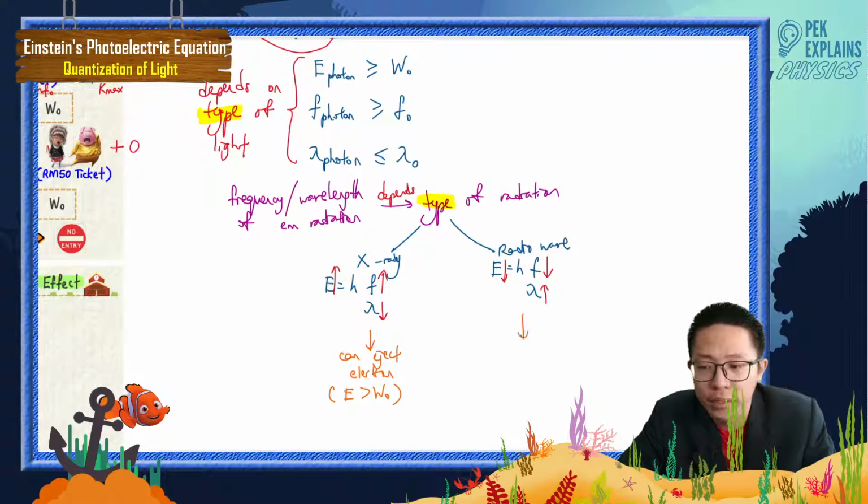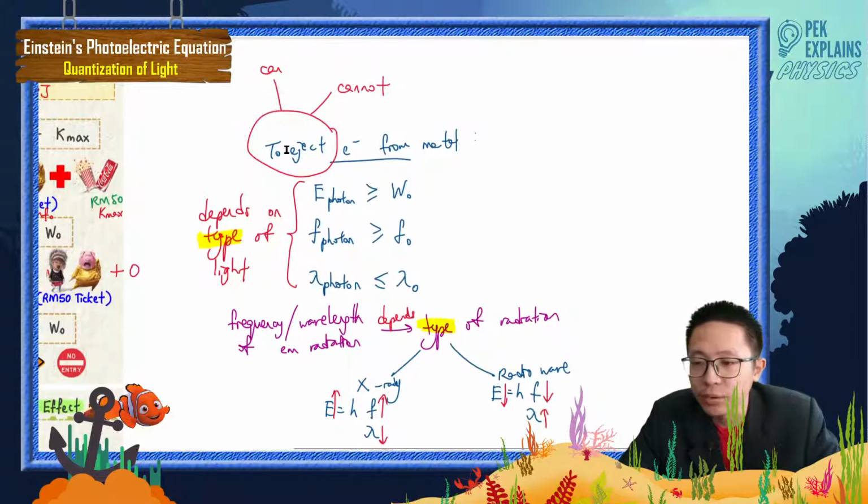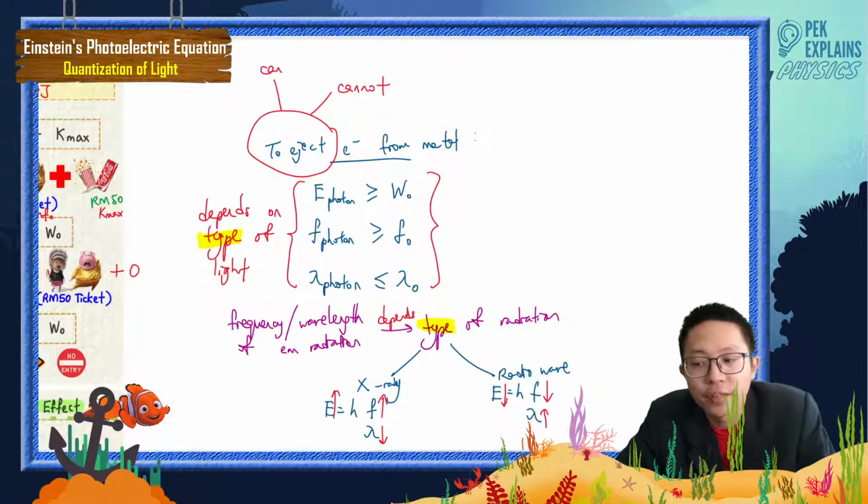Not just the type of light, it also depends on the type of metal, because the work function, threshold frequency, and threshold wavelength are all different for different types of metal.